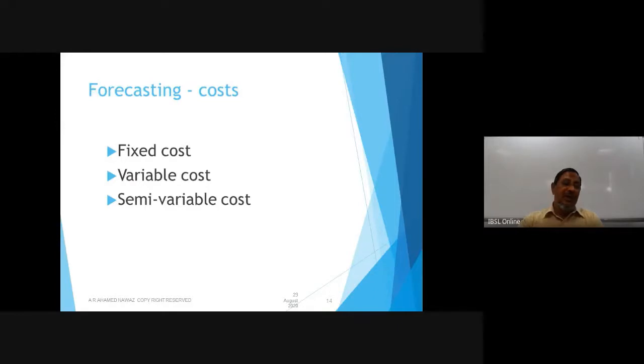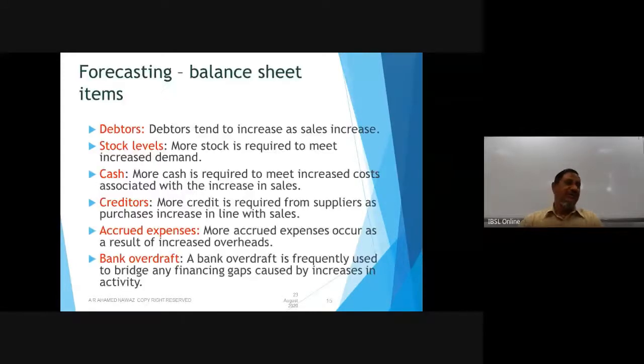Semi-variable costs are some costs that sometimes change with the sales. For example, financial cost, selling and distribution cost. Those are semi-variable costs. So when calculating and projecting, this cost factor has to be taken into consideration.